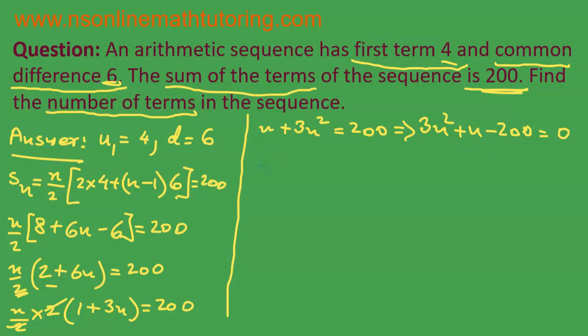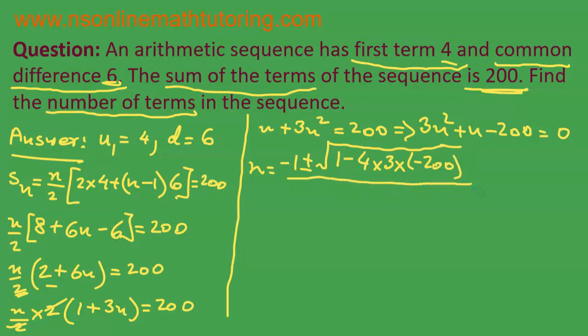I would be opting for the quadratic formula to get the solution. So, n is equal to minus b, which is minus 1, plus or minus the square root of 1 squared, which is 1, minus 4 times a, which is 3, multiplied with c, which is minus 200, over 2a, that is 2 times 3.